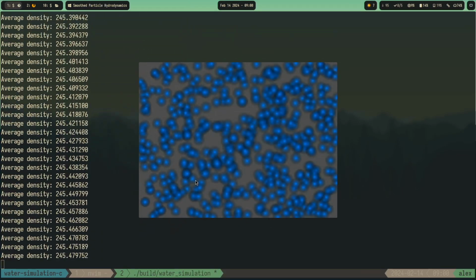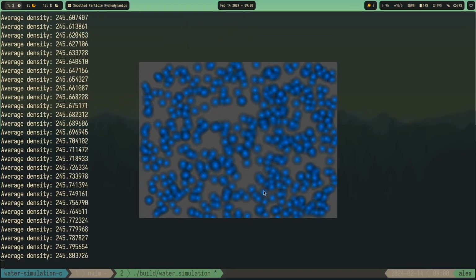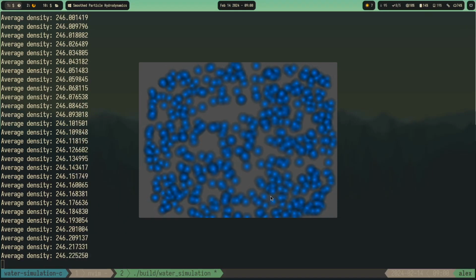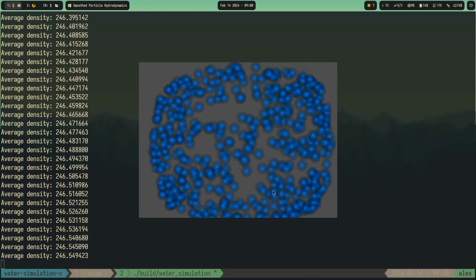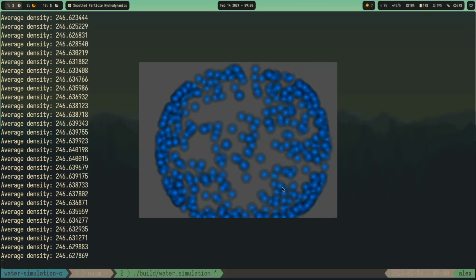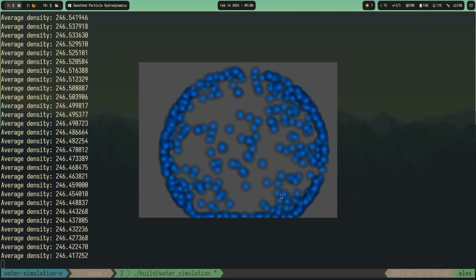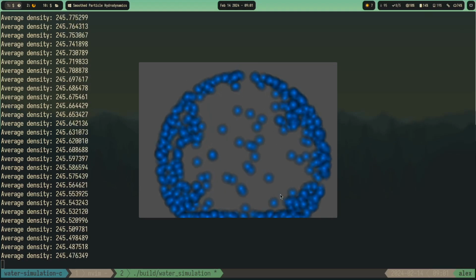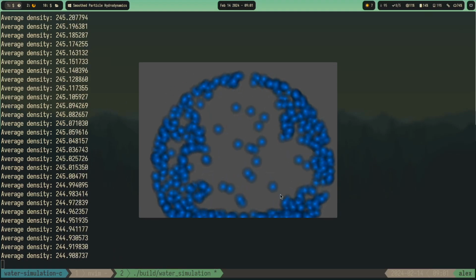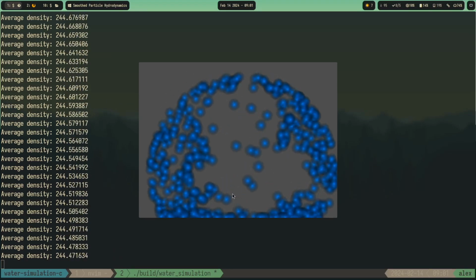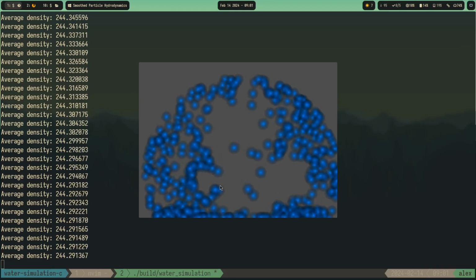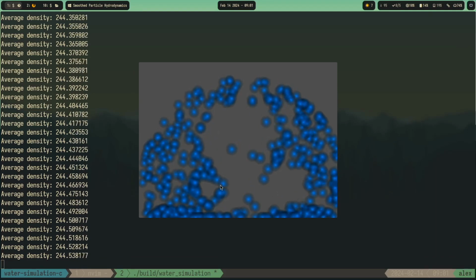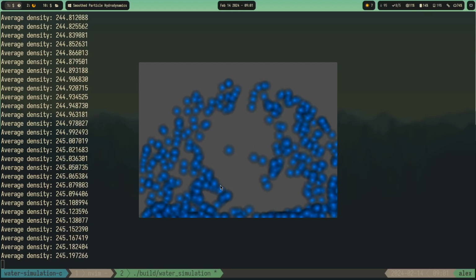But I mean the gravity was probably too big. Yeah, well, I'm still not sure how to get this thing to work really well. It's probably just trial and error.